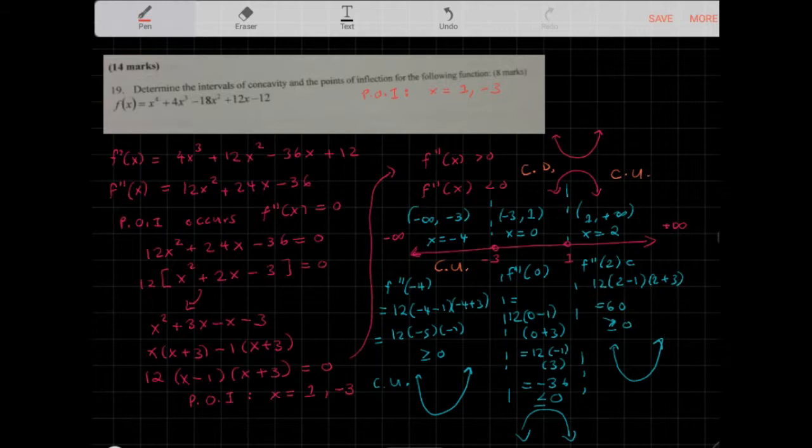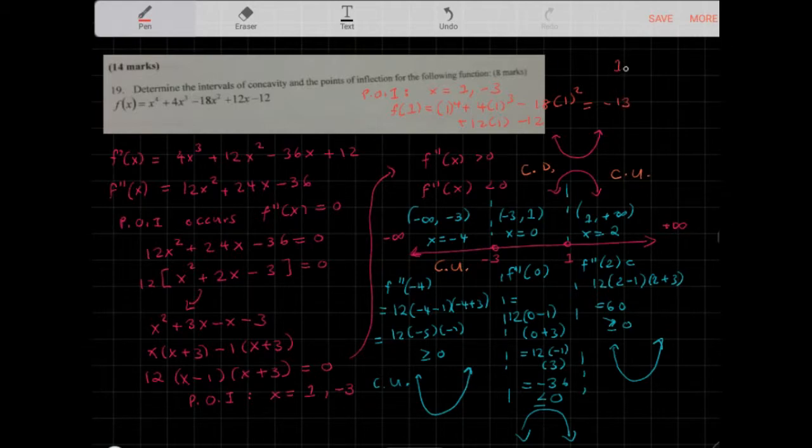If you want to find an actual point for this, you can plug it in. So f of 1 is 1 to the power 4 plus 4 times 1 cubed minus 18 times 1 squared plus 12 times 1 minus 12. If we punch this out, we'll get 1 plus 4, which is 5, minus 18, so negative 13, plus 12, which is negative 1, minus 12 is negative 13.